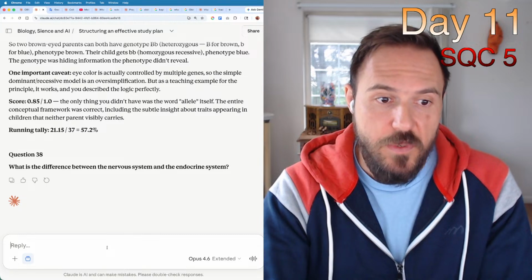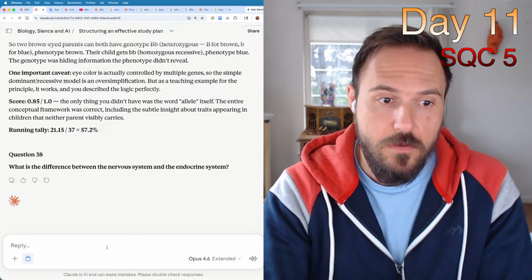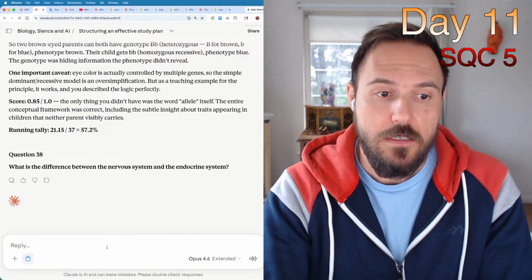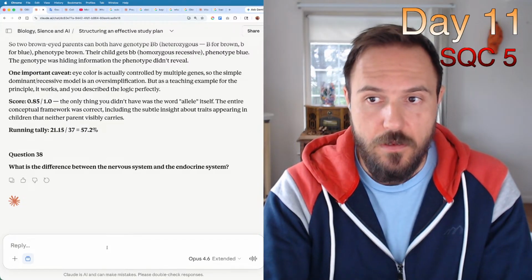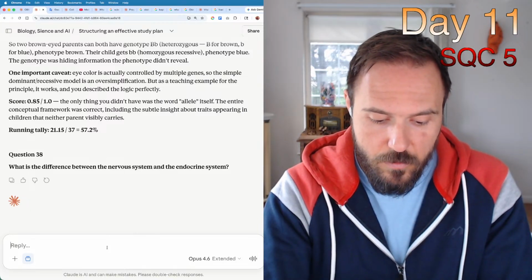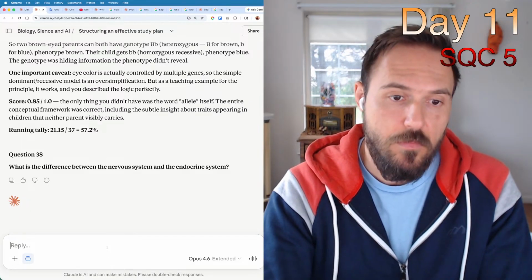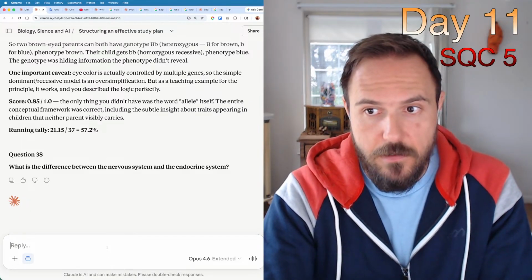The main difference between the nervous system and the endocrine system, and also the similarity, is that they both exist to send information from the central brain to pretty much every other cell, or some cells, in our body.